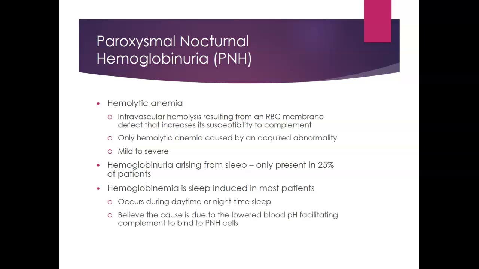Okay? This hemoglobinemia is sleep-induced and occurs only, obviously, when they're sleeping. So they believe that the cause of this is a lowered blood pH facilitating complement to bind to PNH cells. Exactly what that connection is between the pH and sleep, I'm not 100% sure on that, but we do know it is something that occurs at night, hence the nocturnal.